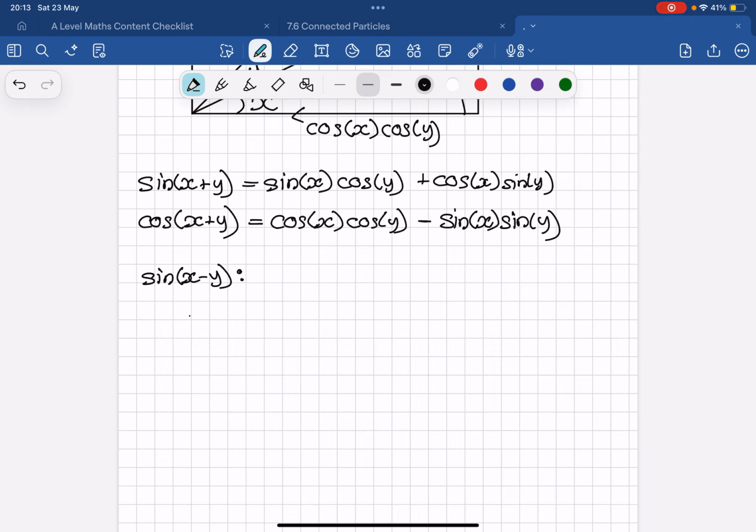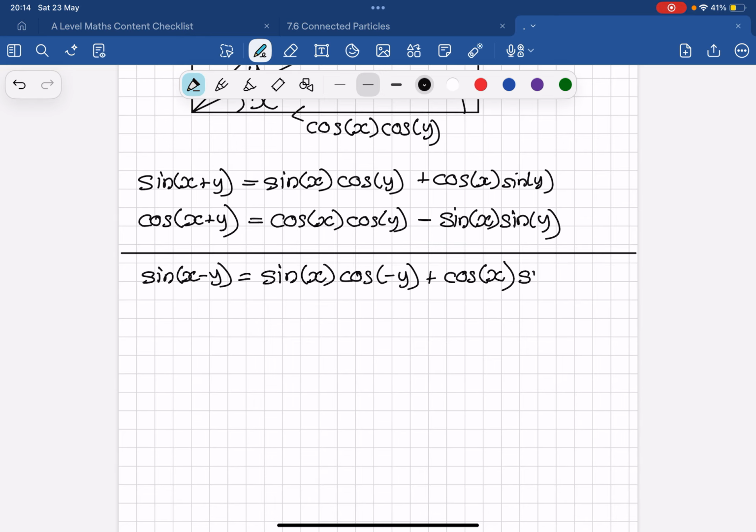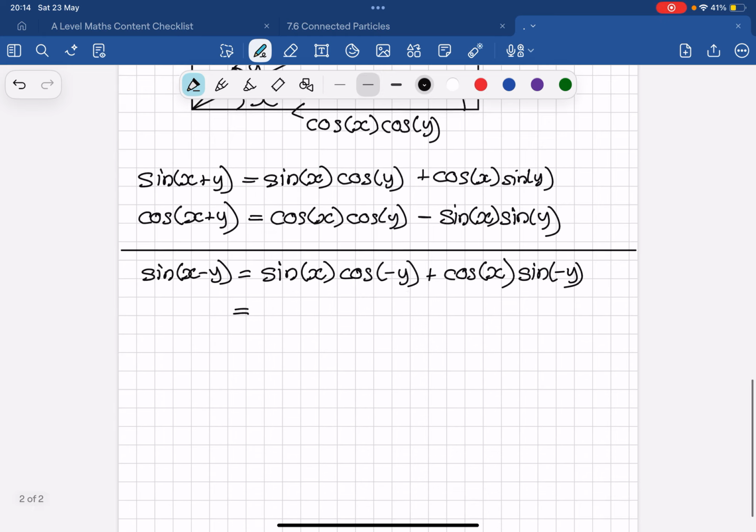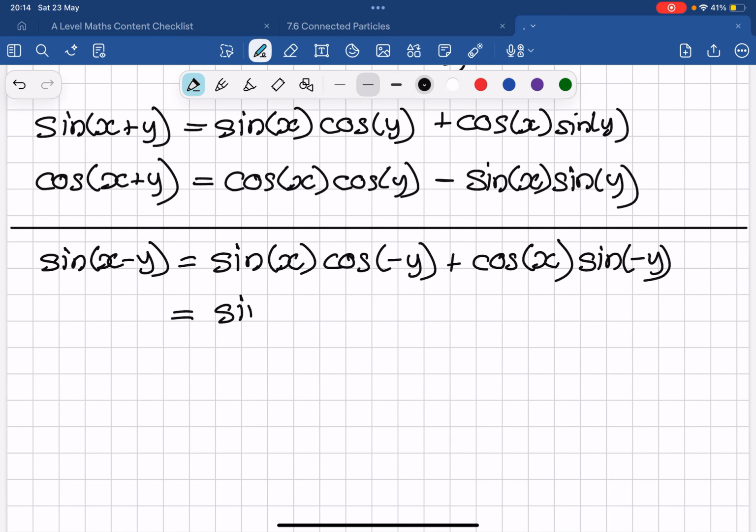So then we have sine x cos of minus y plus cos x sine of minus y. So sine x and cos of minus y, well, we just need to evaluate cos of minus y. So cos of minus y is the same as cos y.